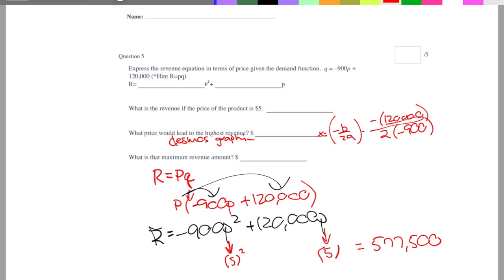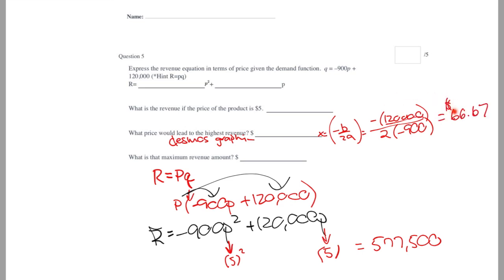If I type this into the calculator, negative, clear. Let's go fraction button. 120,000, close that parenthesis, 2 times negative 900. Again, when we type this into the calculator, we end up with $66.67. And we move on.